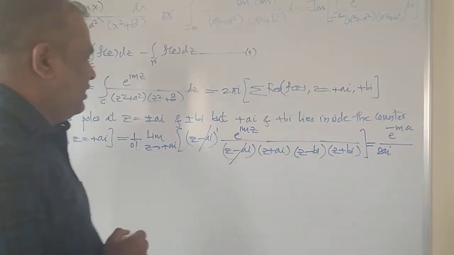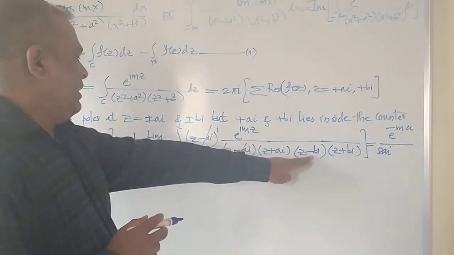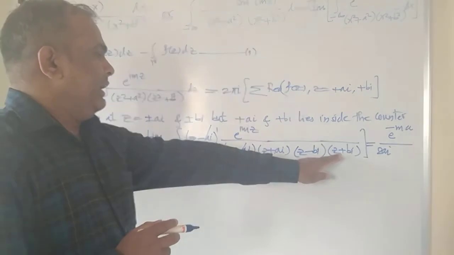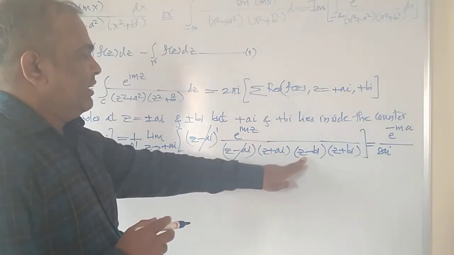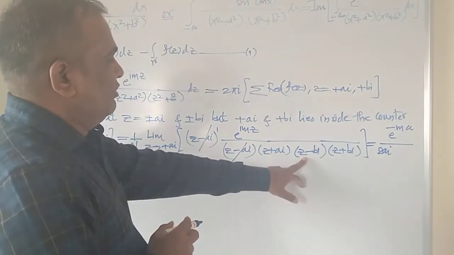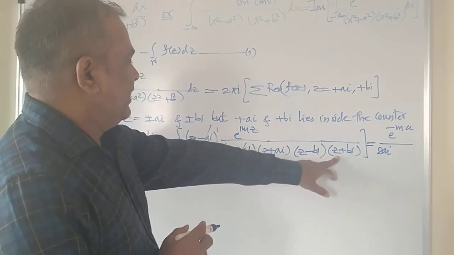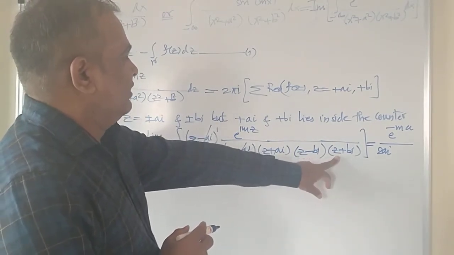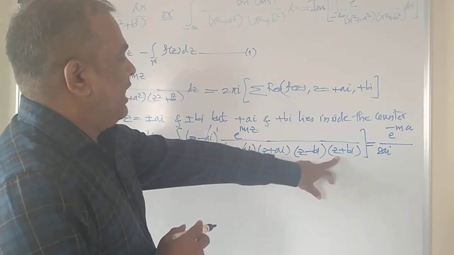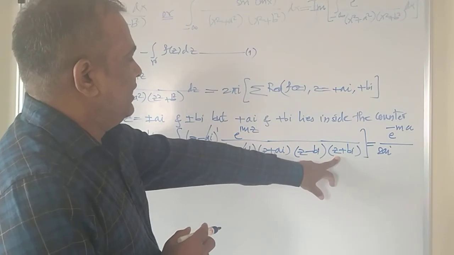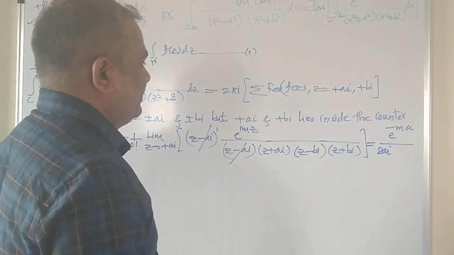Let me write in short, and for z minus bi you will get ai minus bi and ai plus bi. So I can take out i common from this, you will get a minus b, and here also you can take out i common, so i into i you will get i square, and a minus b and a plus b you will get here, right?